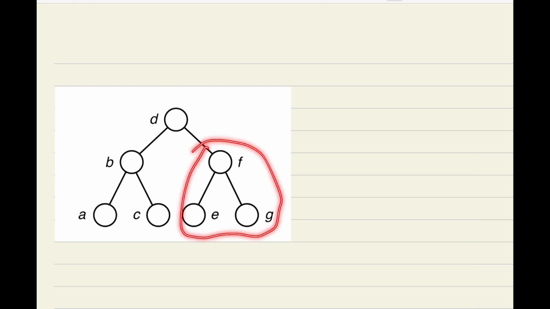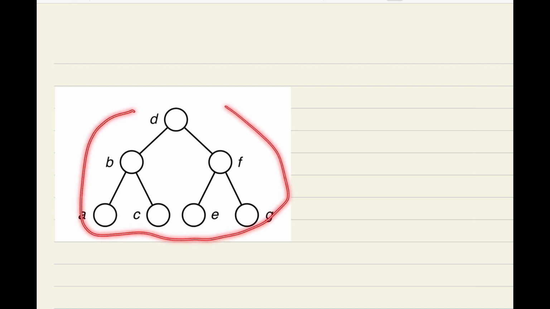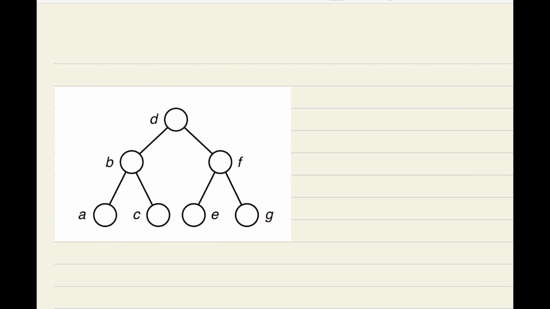Now consider this one. Here F is the root, in the left subtree E is there, which is less than F, and in the right subtree G is there, which is greater than F. So this tree satisfies the properties of a binary search tree, and we can say it is also a binary search tree.